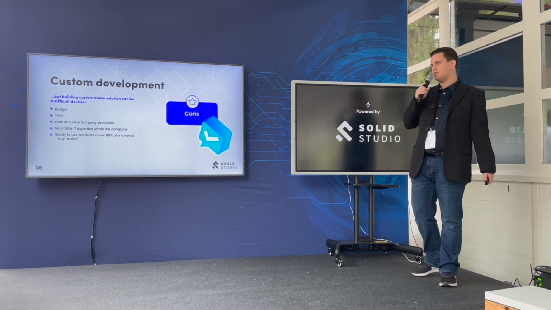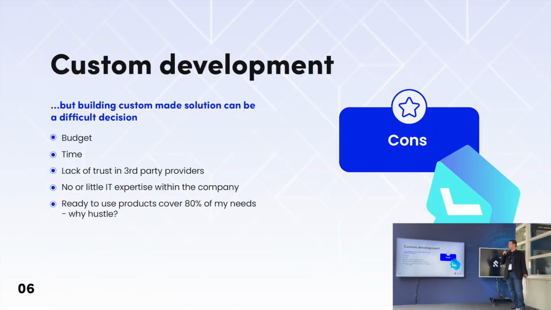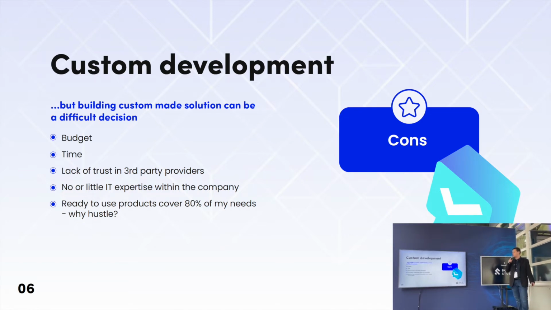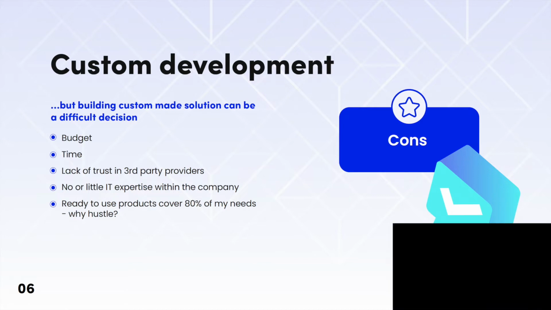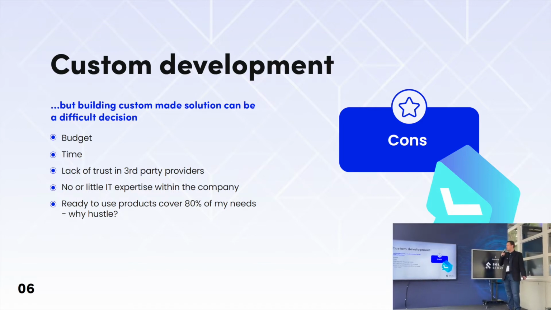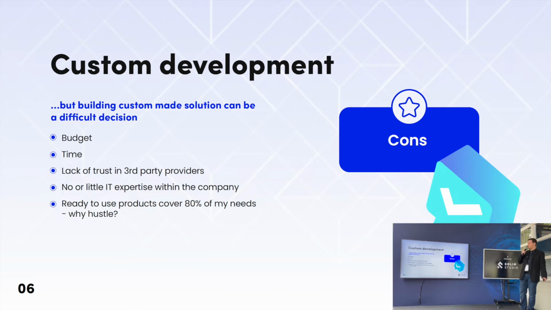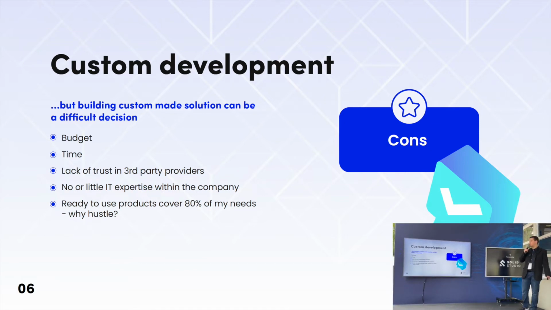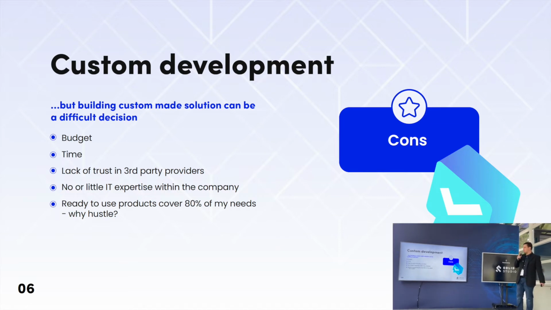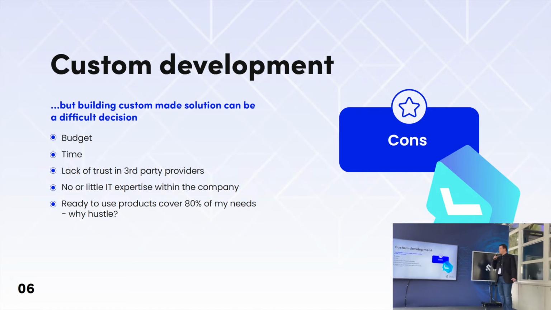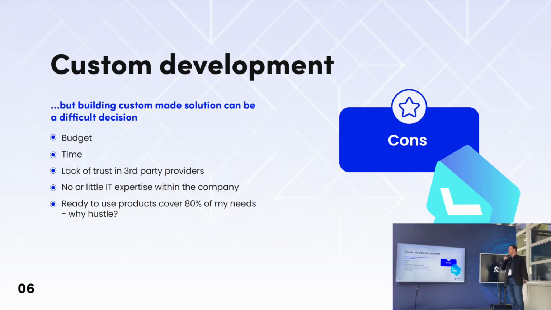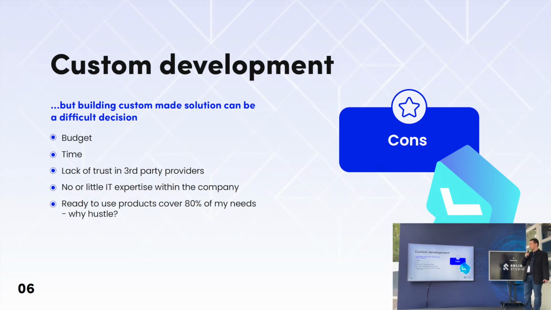But of course, it's not always good. You also need to consider the drawbacks for this, and there can be multiple ones. So you always need to consider the budget and the time. Of course, with custom development, you're going to have to spend more money and more time to develop the initial solution. So the capital expenses can be very high, but the operational cost then will be low.